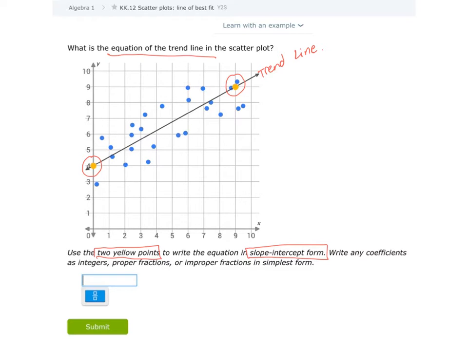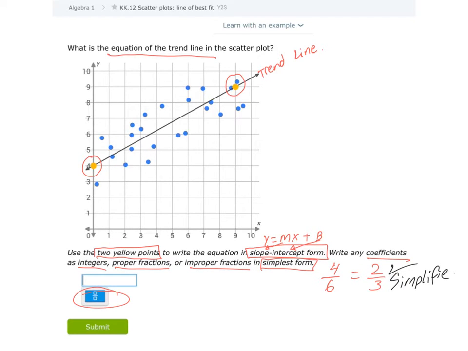Slope-intercept form means we need the slope m, x plus b, and b is your intercept. Write any coefficients as integers, proper fractions, or improper fractions. There's a fractional bar over here that you could use, and you want to write it in simplest form. So if you got a fraction like 4/6 and you simplify it, this becomes 2/3. This is the simplified form, the correct form. You can use your calculator to guide you if needed.